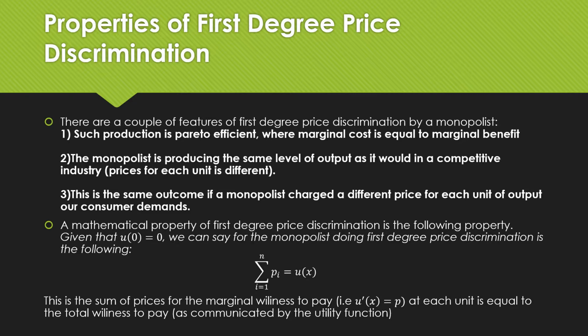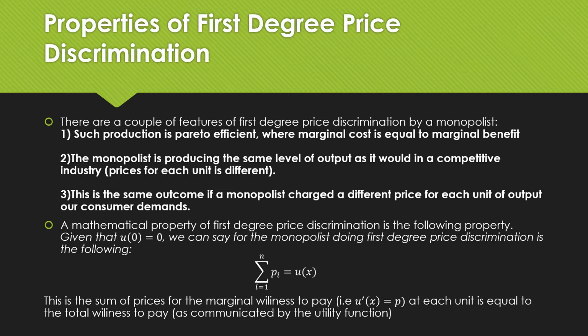However, the prices for our consumers are going to be different, right? Thirdly, this is the same outcome if a monopolist would charge a different price for each unit of output our consumer demands, meaning that there's going to be one price for the first unit, a second price for a second unit, a third price for a third unit, right? As in, they're just stacking on top of each other.